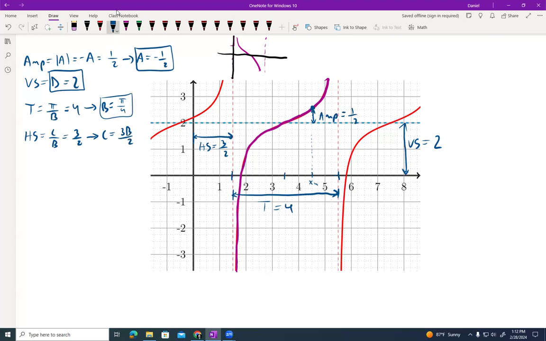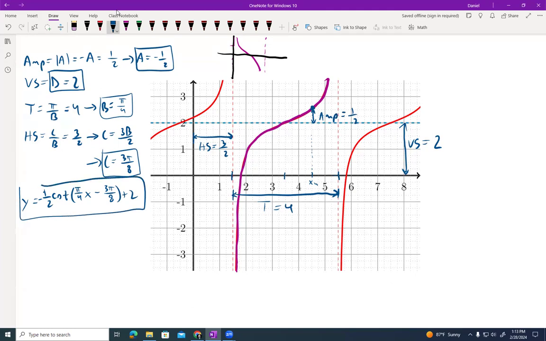We plug in what our b is right over there. So we're going to get this is 3 pi over 8. So then the equation of our graph is y is equal to negative 1/2 cotangent of pi over 4 times x minus 3 pi over 8 plus 2. All right, and that's it.